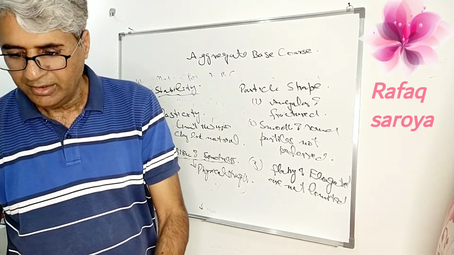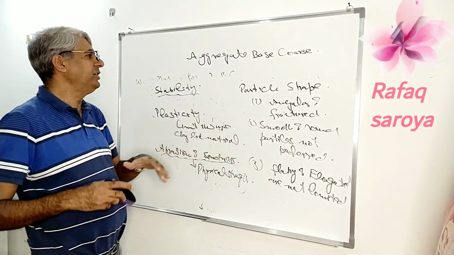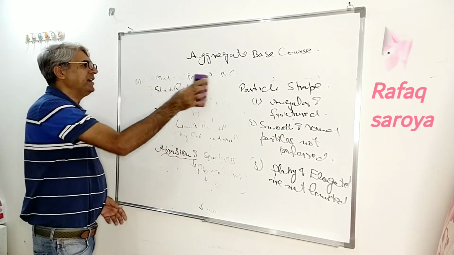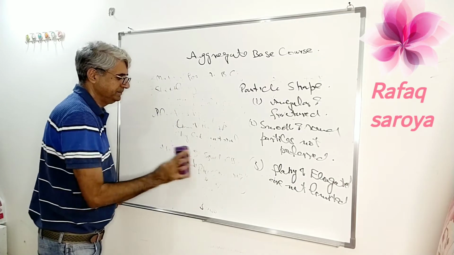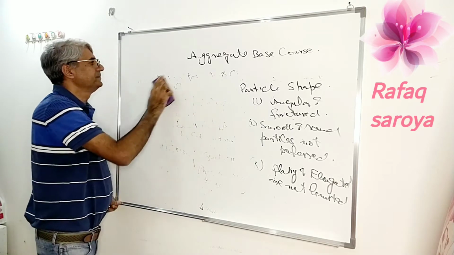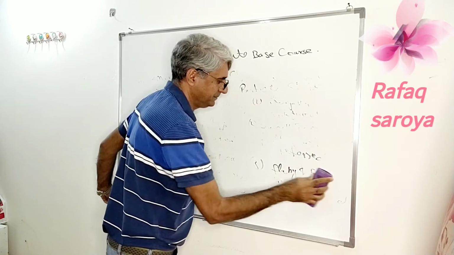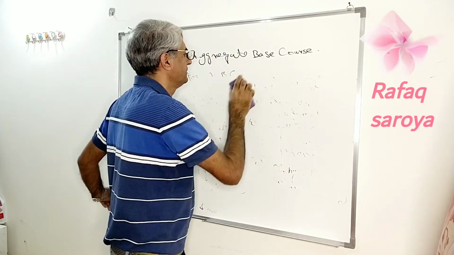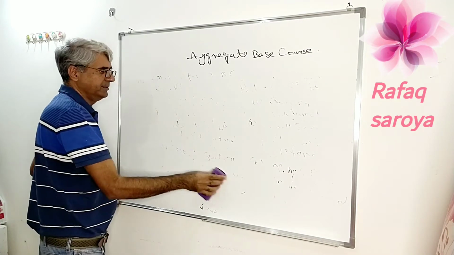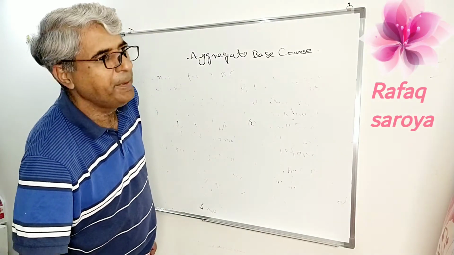Now, these properties which I have just written over here, I will tabulate them, and I will tell you how we have to measure each property and what their limit of acceptance is. First property is the gradation.